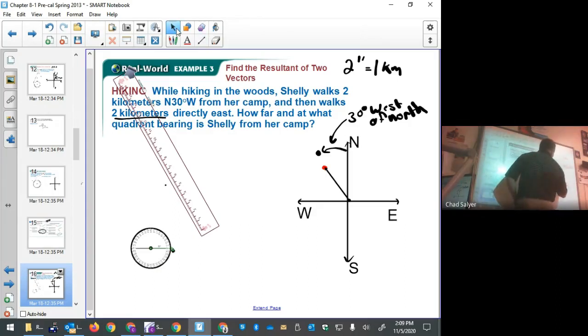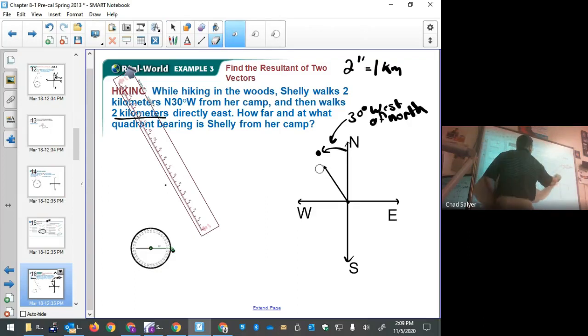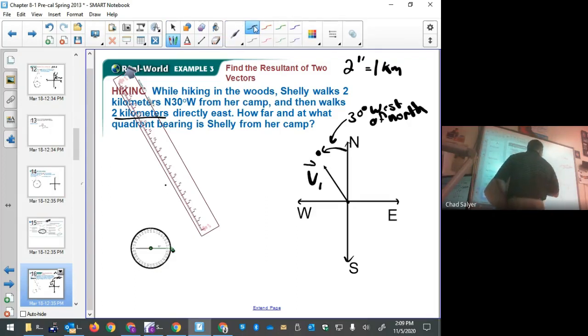So that's Shelley's first walk here. We'll call that V sub 1. Then we're going to add V sub 2, which is 2 kilometers directly east. If you wanted to orient, you would have to use this now as the origin. It's not necessary in this case because she's traveling due east, so we know that's exactly horizontal.